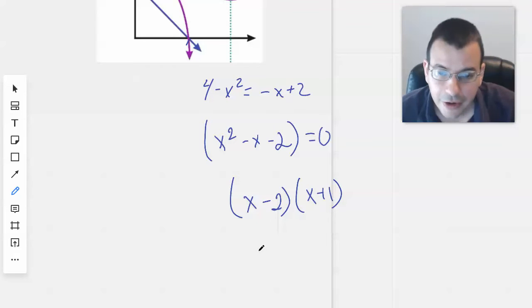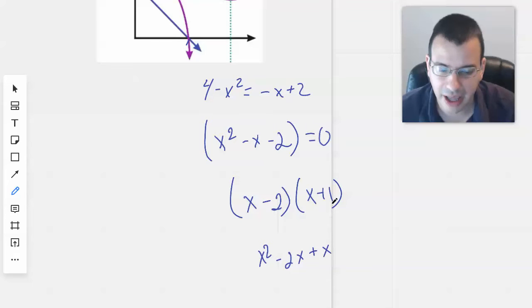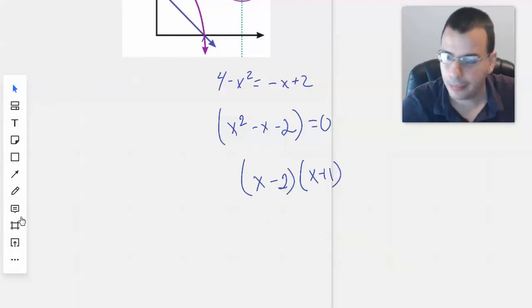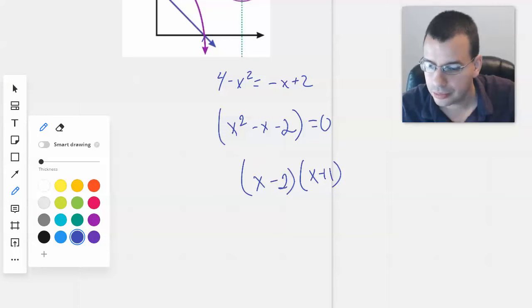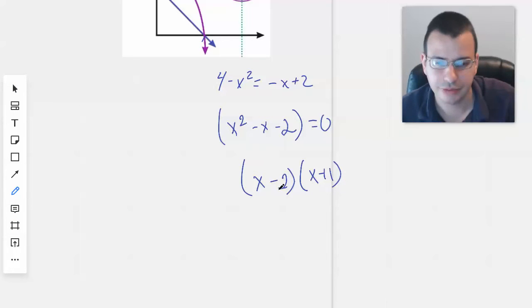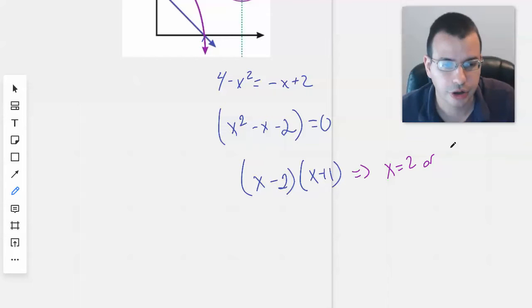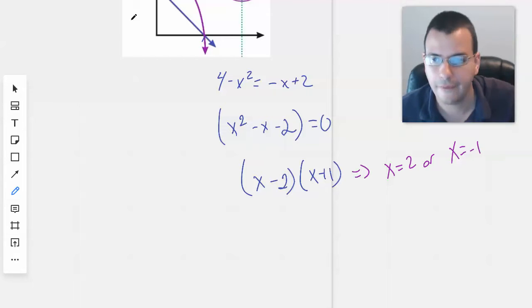Okay, so we have x squared minus 2x plus x minus 2. This becomes negative x. Yes, check. True. And so x equals 2 or x equals negative 1.